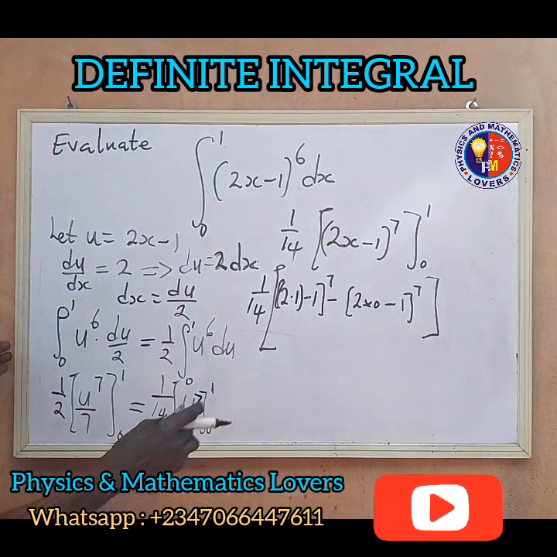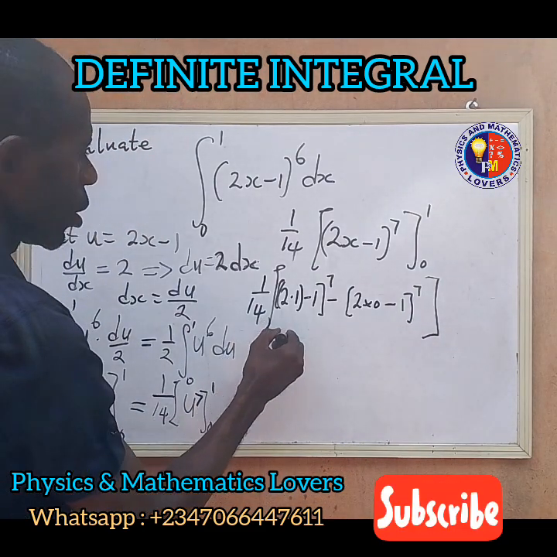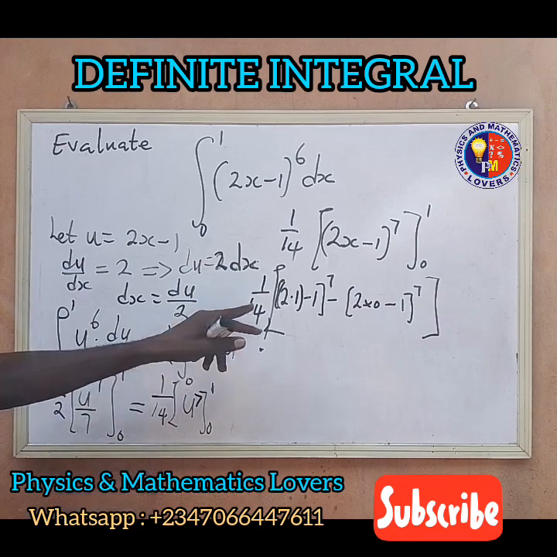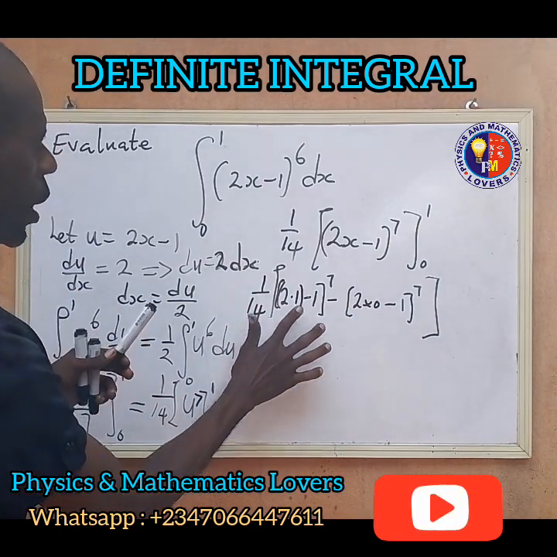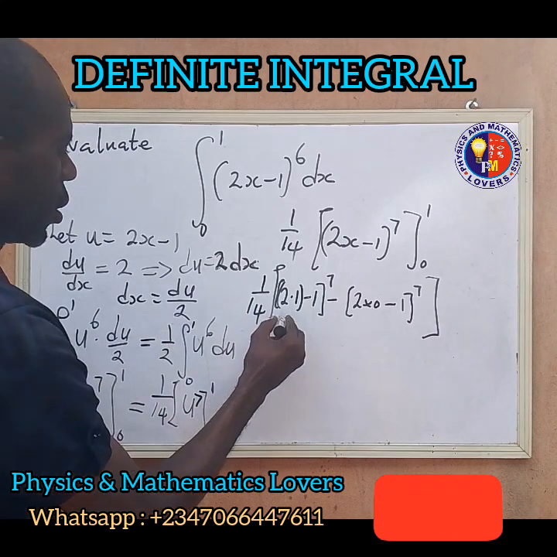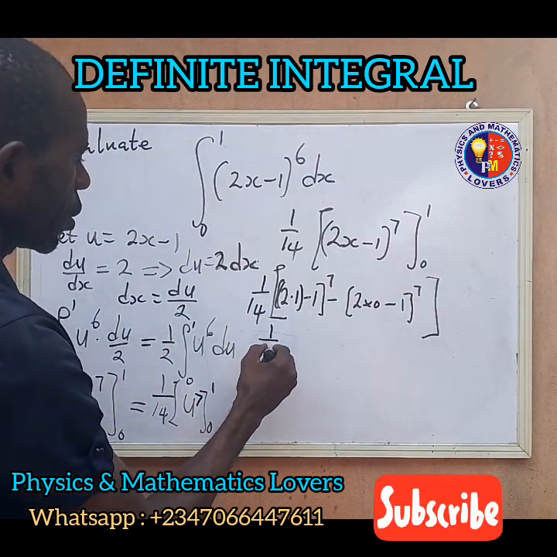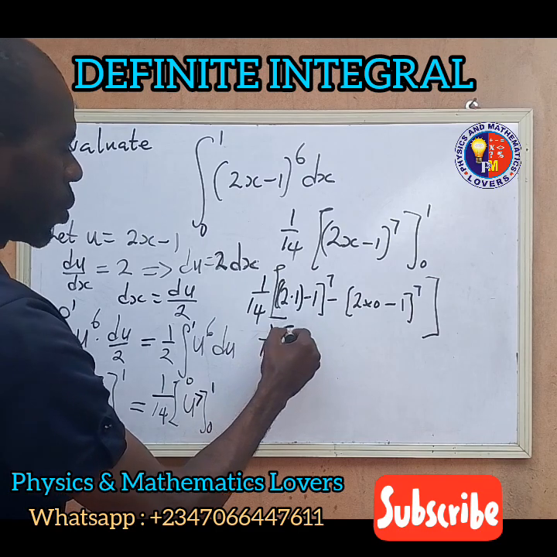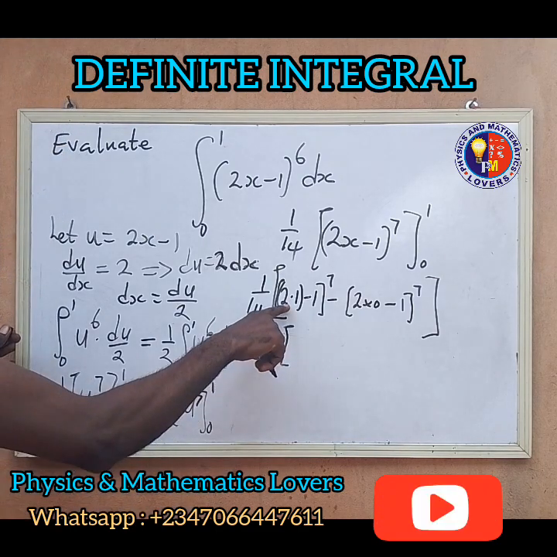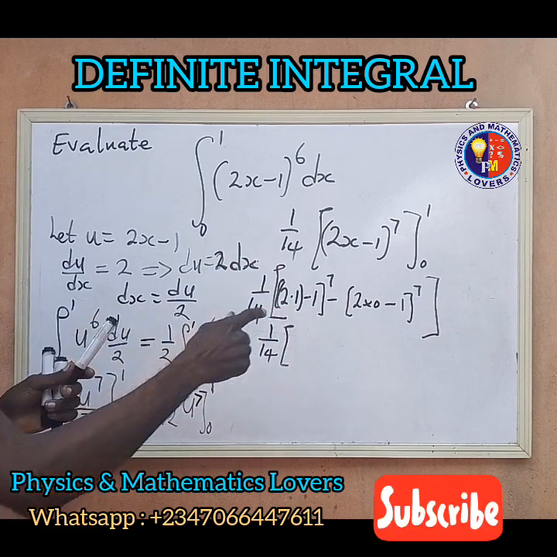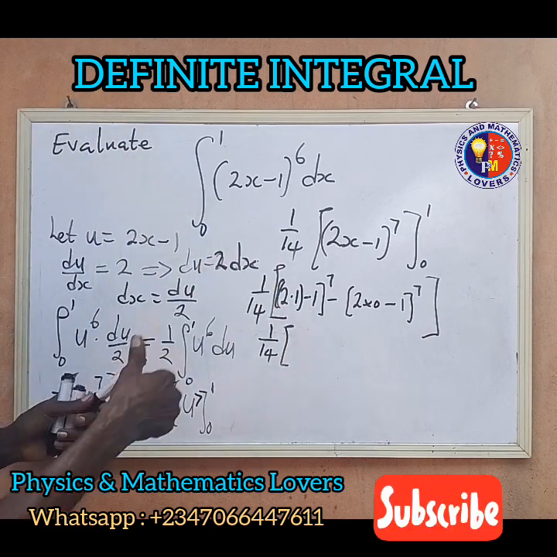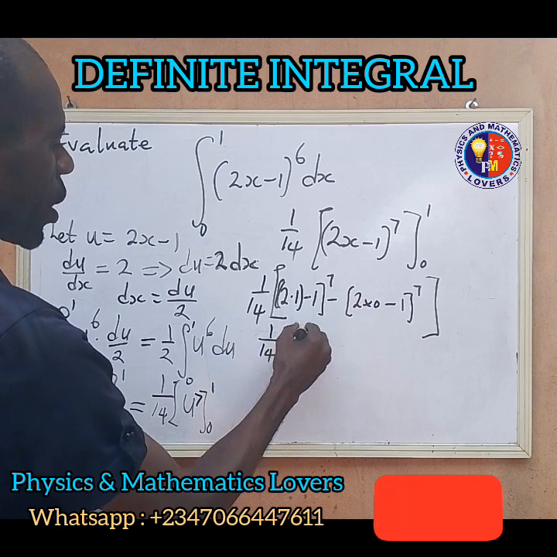Now let's go. 1 over 14 is multiplying everything inside the bracket. The next step is to evaluate this. Now we have 1 over 14, and we multiply whatever value we are going to have. 2 times 1 is 2, right? Then subtract 1 from it, which gives 1 raised to the power 7.